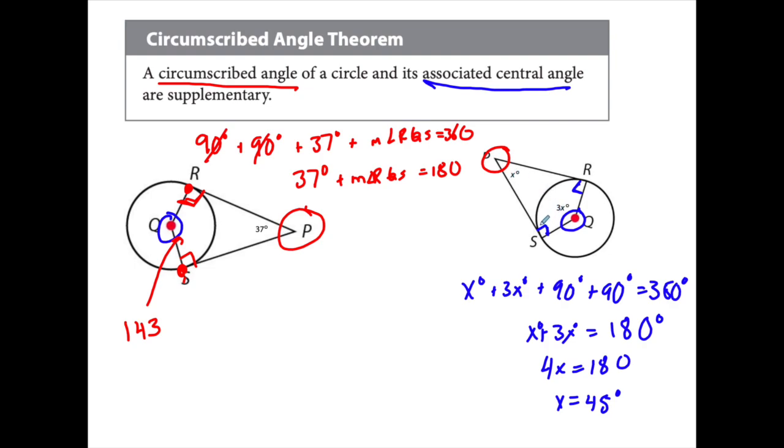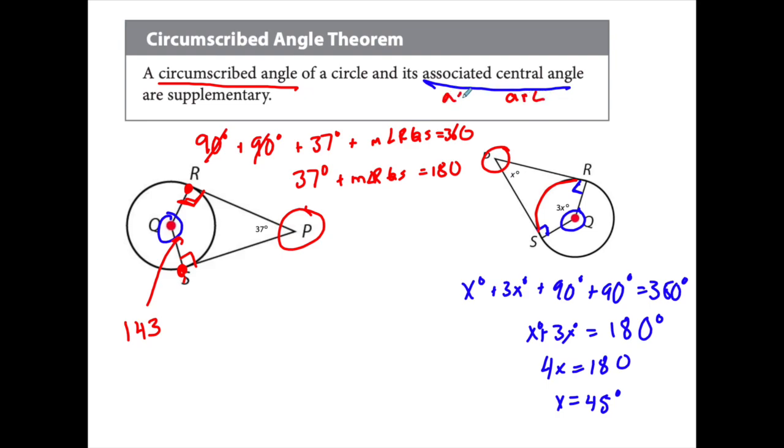Okay, so that is an important theorem, right? Whenever you have a circumscribed angle, if you can find this, but it goes further, because remember that this central angle is always congruent to the arc. So not only that, but you could also say the associated arc.